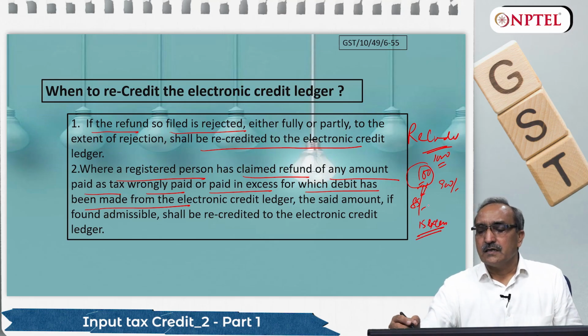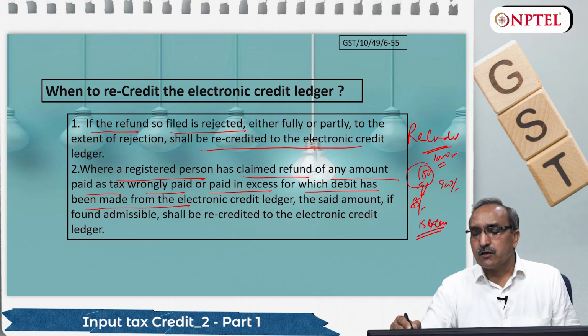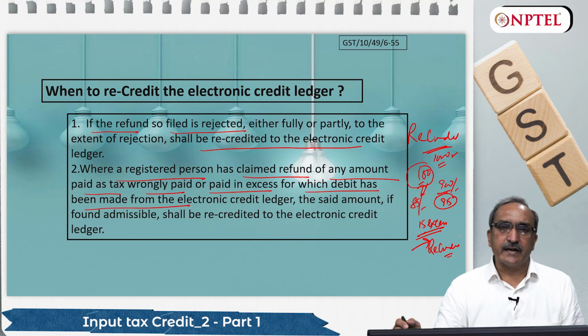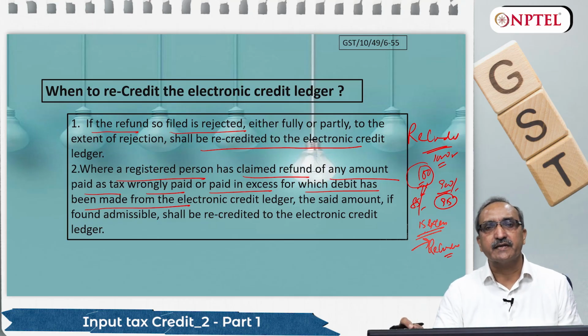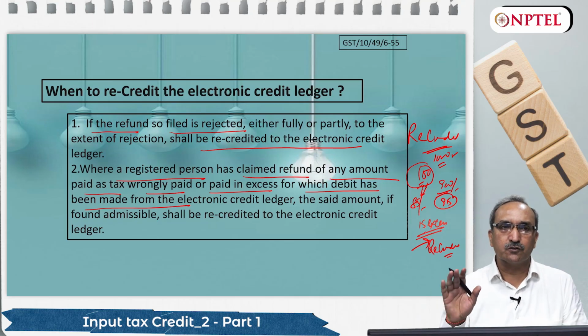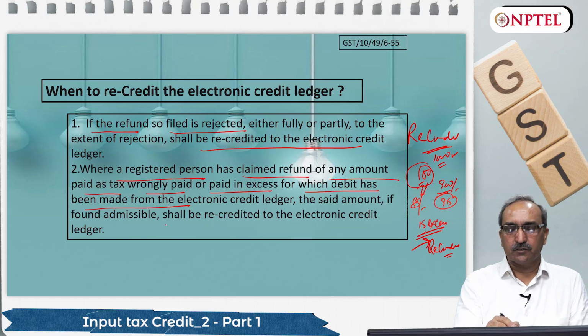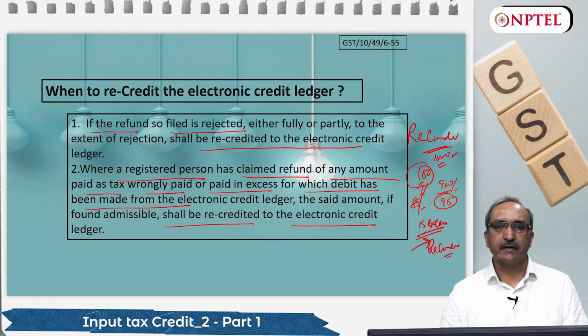So your balance should be 1000 minus 85, so your balance should be 915. So 15 rupees will be recredited to your credit ledger because you paid excess tax. It will be recredited to your account so that you have the actual amount. So it shall be recredited to the electronic credit ledger.